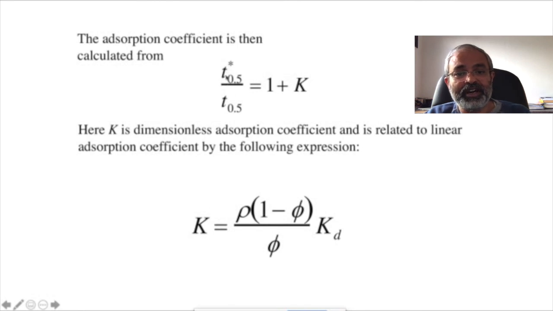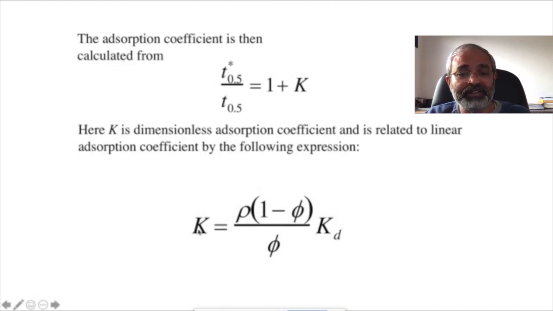So this is your half time for reactive tracer divided by the half time for non-reactive tracer, which is equal to 1 plus k. Now this k is an adsorption coefficient, but it's not the same as KD. This is a dimensionless adsorption coefficient, which is related to KD by this formula.